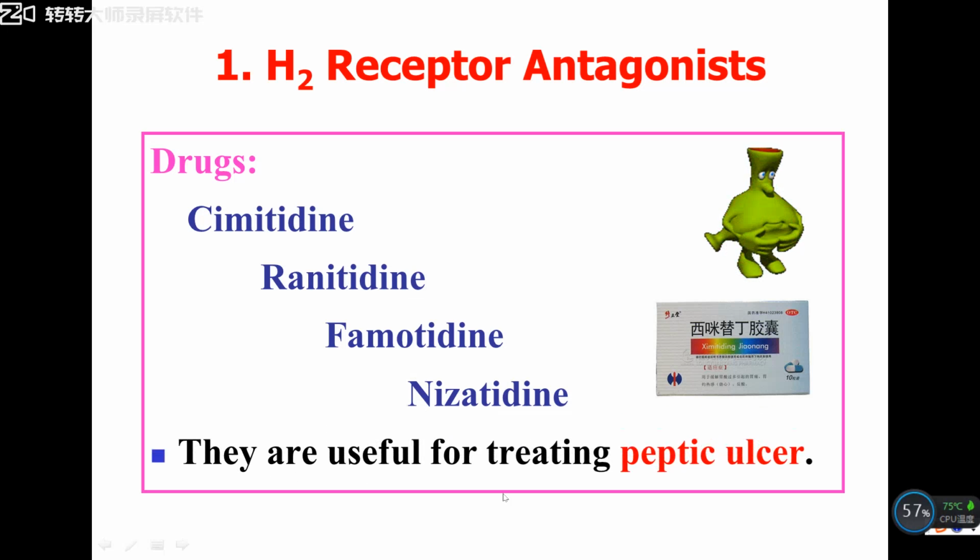These drugs are useful for treating gastric ulcer, very useful for the stomach. I gave you the Chinese names because these drugs, cimetidine and famotidine, are widely used in China in clinic to treat stomach disease.